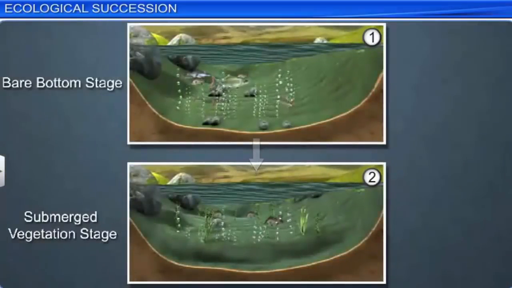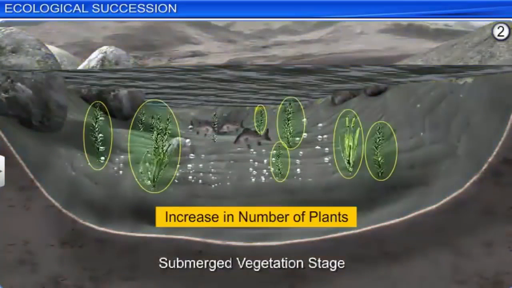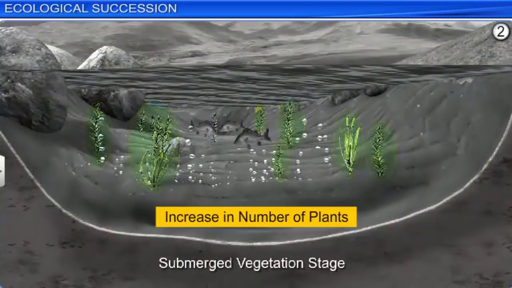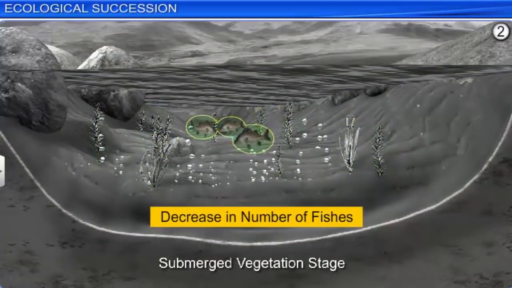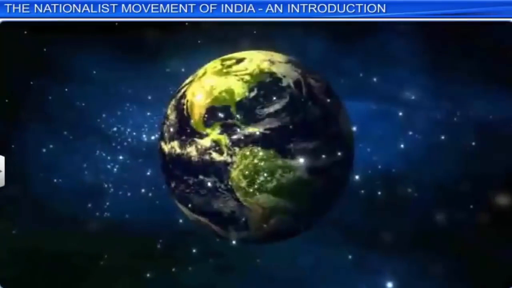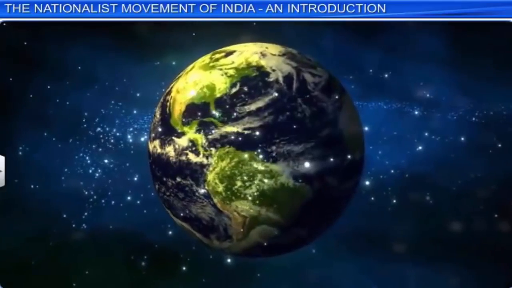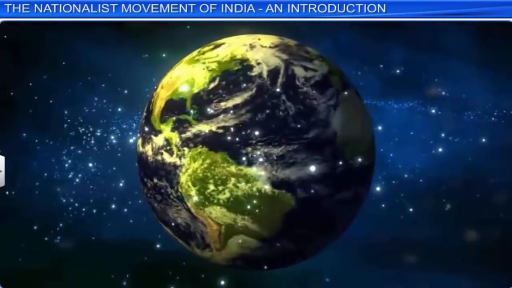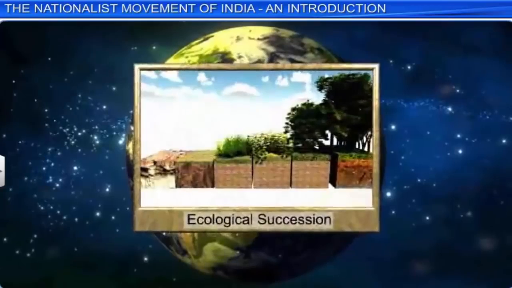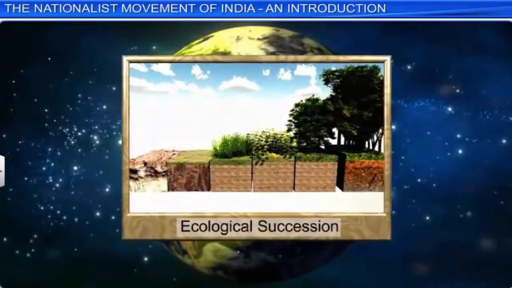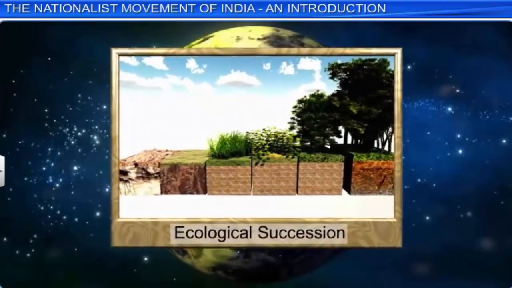During ecological succession, the population of certain species increases, while that of many others may decline or even disappear. In fact, present-day communities across the world are the result of ecological succession that took place over several million years.